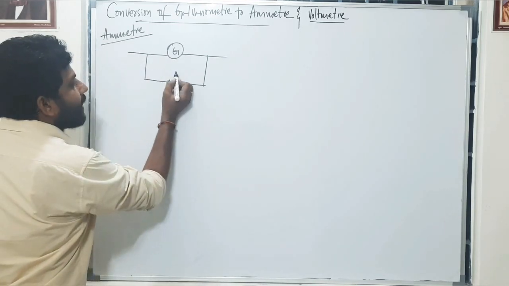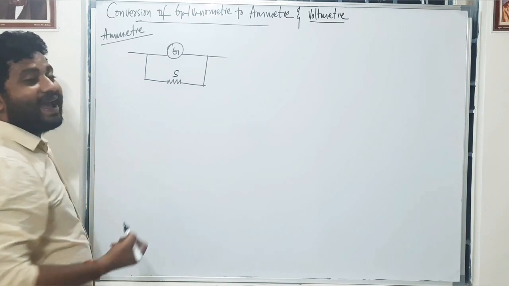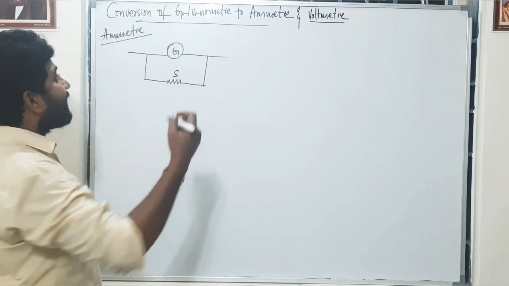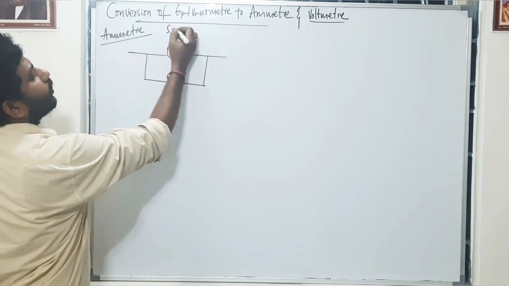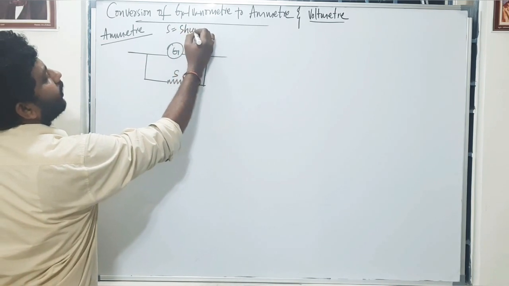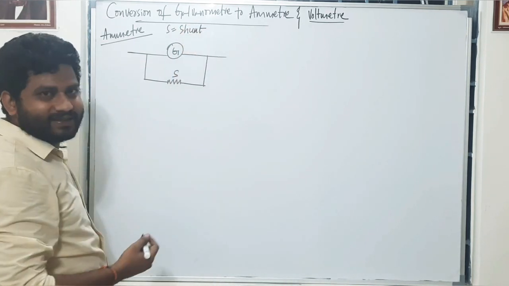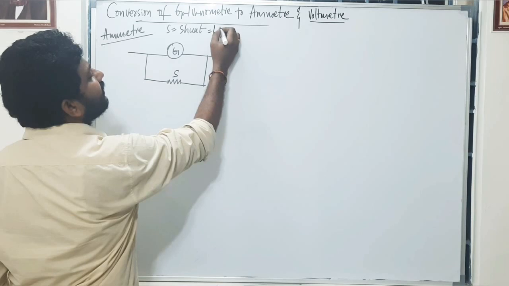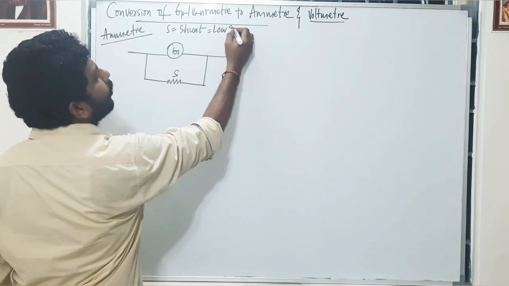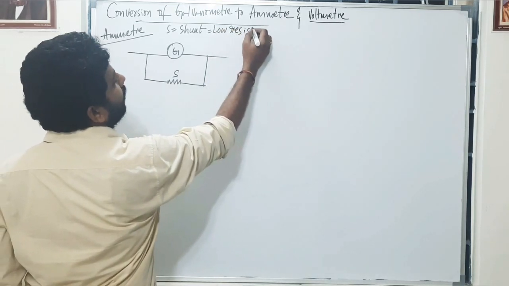That small resistance I am writing as S, the shunt resistance, which has a very low value of resistance. That's called a shunt.